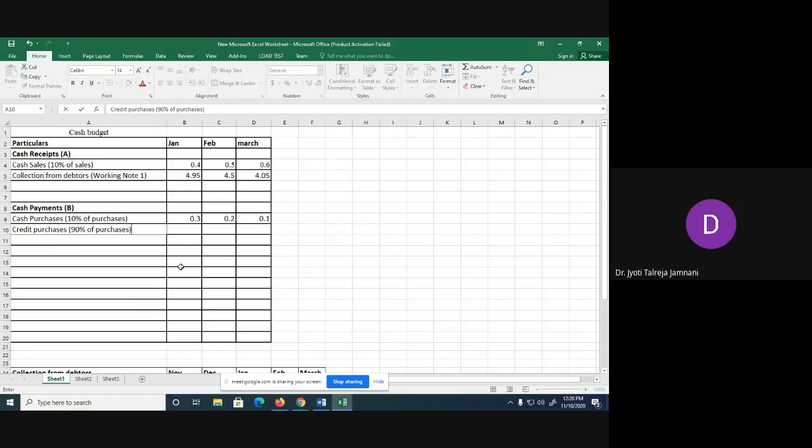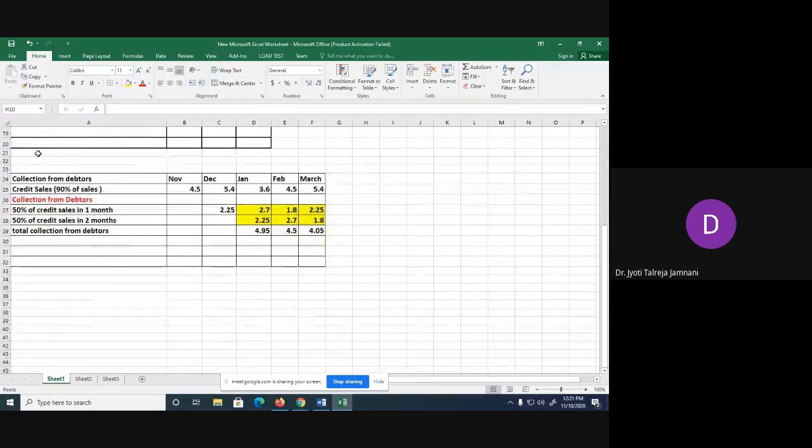Now for this also we will do it as a working note, because for each month we need to find what is the 90% and then we need to take it 2 months ahead. So a similar kind of working note we'll have to make.